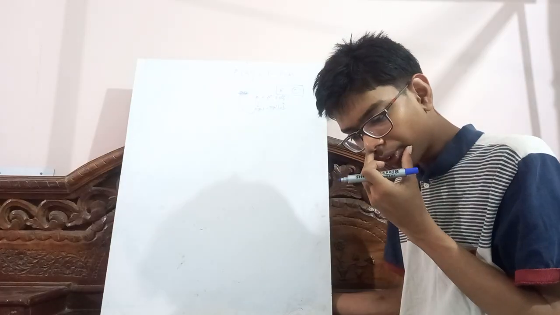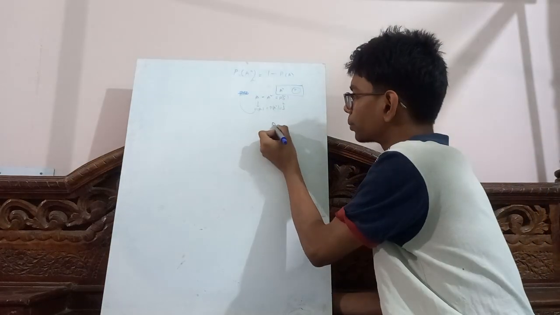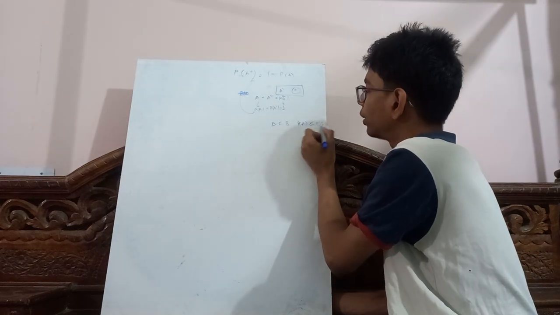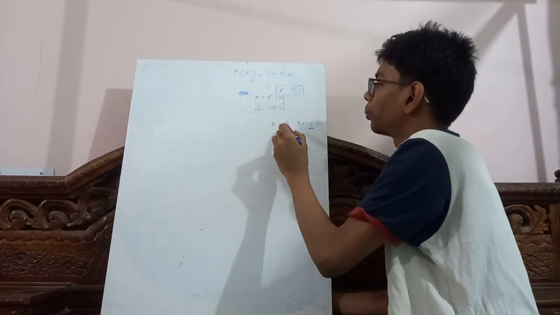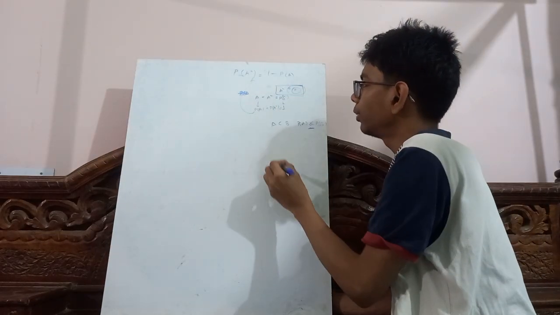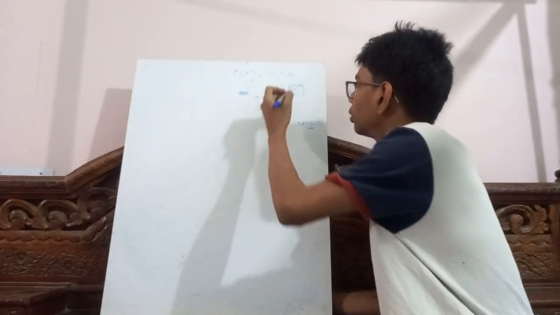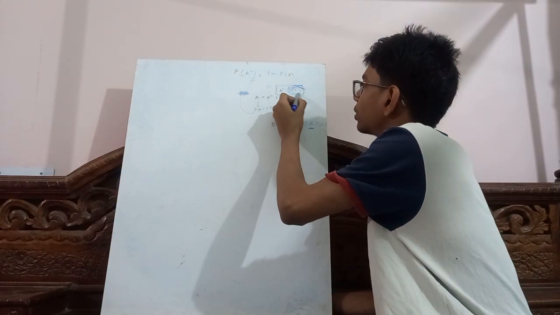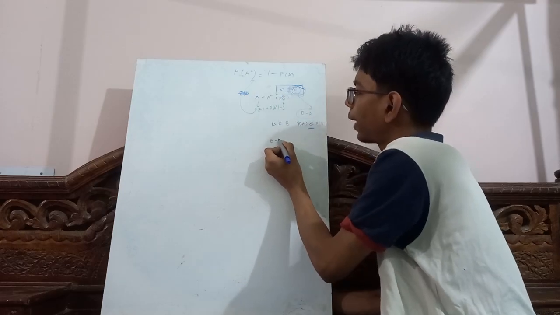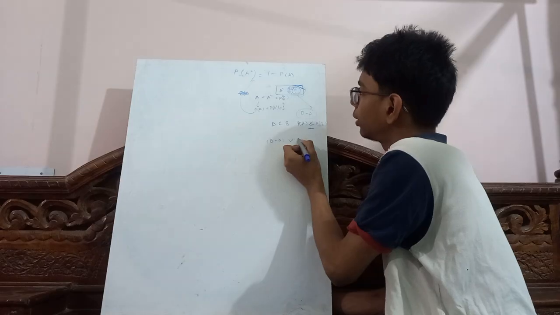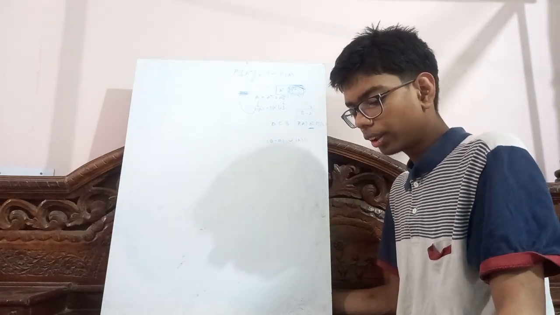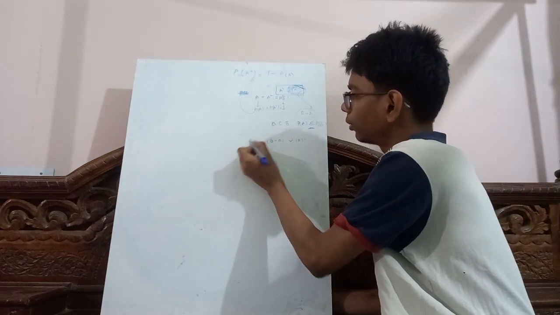Now the subset rule. What does it say? If A is a subset of B, then probability of A is less than or equal to probability of B. Suppose A is a subset of B, and suppose this is B. This area is B minus A, and this is A. B minus A union A can give me B, right?